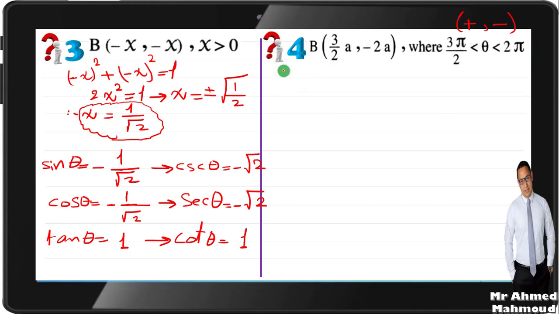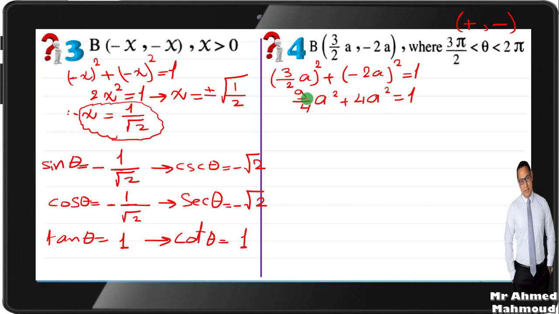Here 3 over 2a all to the power of 2 plus negative 2a all to the power of 2 equals 1, and by distributing the power of 2, 9 over 4a squared plus 4a squared equals 1.